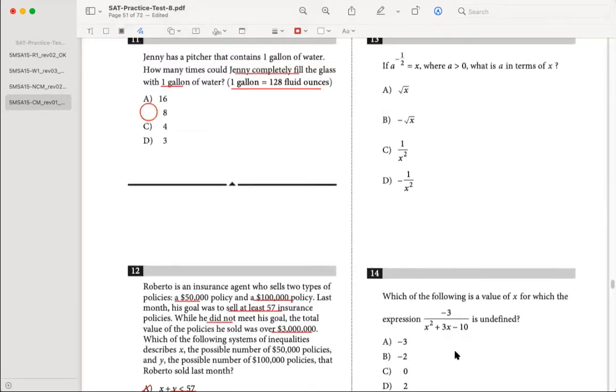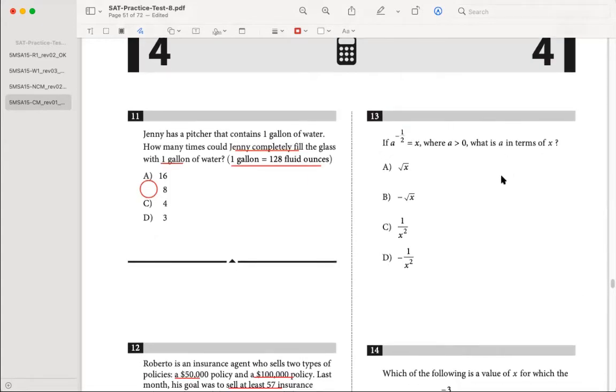Yep. Cool. A to the power of -1/2 is what? So A to the power of -1/2 is A to the power of 1/2. Okay, that equals x. So if that's true, that means it's A to the power.